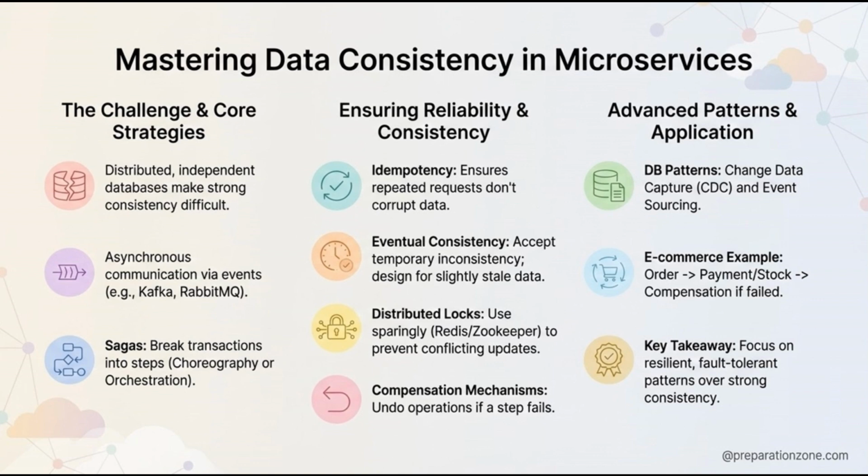So the key takeaways: event-driven design, saga, idempotency, compensation, and eventual consistency. These are what make distributed data reliable. Strong consistency is rare. Resilience is the real goal. So in microservices, it is not about perfect sync, but about building a system that stays correct even when the world gets messy.